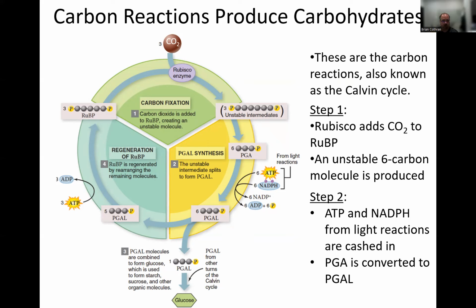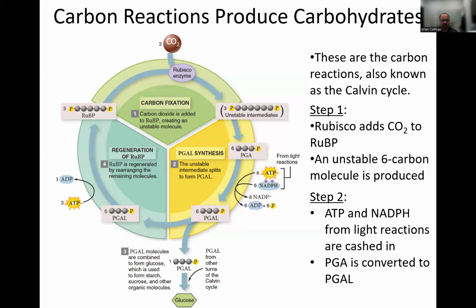And as this wheel turns, you can see that the end product here is glucose. So step one, we have rubisco, which is an enzyme that adds carbon dioxide to an RuBP molecule. RuBP, again, is a creation molecule here for glucose, and it produces an unstable 6-carbon molecule.